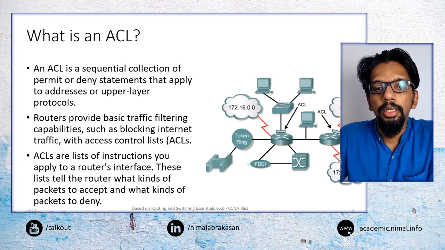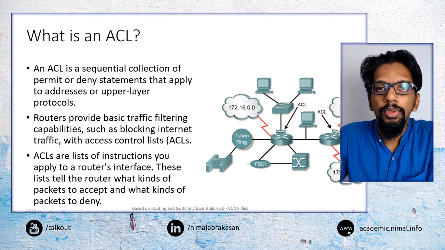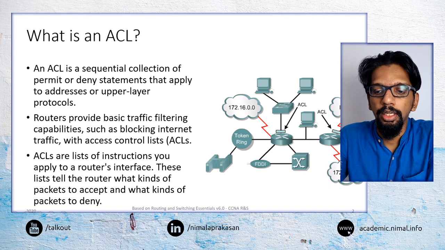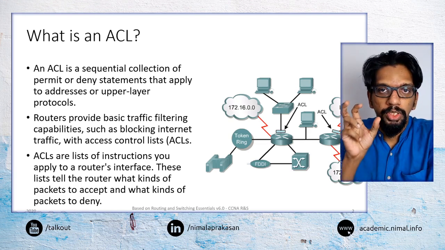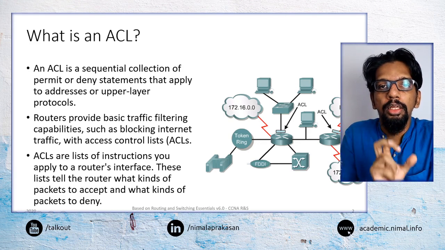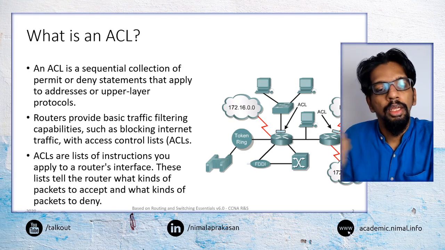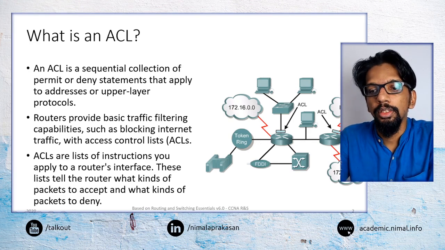With an ACL, or access control list, what we have is basically a list. At each router, we would have a list, and that list would contain rules to either permit or deny the passing of packets.